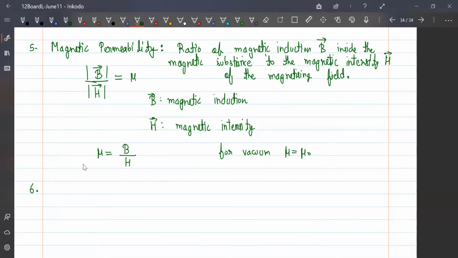And after this, we define relative magnetic permeability.